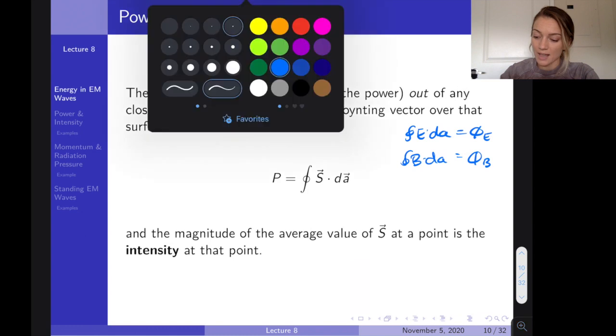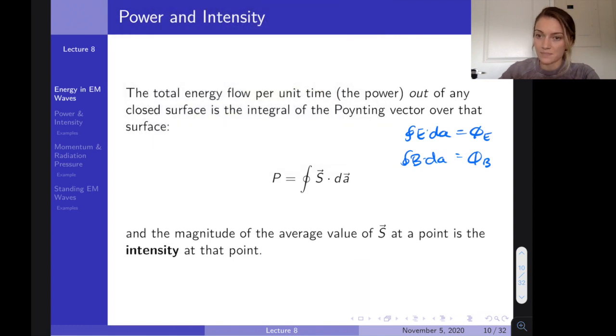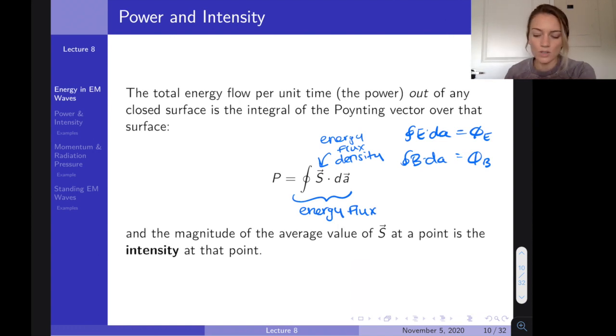So this is actually our energy flux. We can think of the power here as the energy flux, and that would mean that our Poynting vector is like the energy flux density. Okay, so that's the total instantaneous energy flowing out of some area at a specific moment in time.